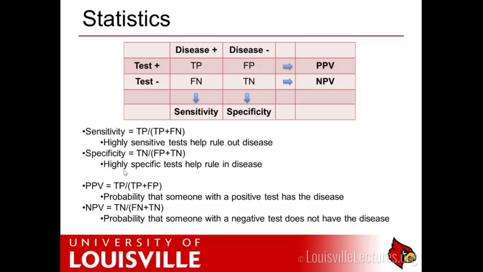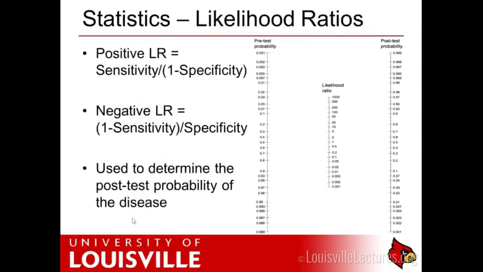So how predictive is that test? And then the negative predictive value is exactly the opposite. So how predictive is a negative test? How often does that correlate with someone that does not have the disease? Any questions on this? You'll get to use some of this stuff coming down the line.